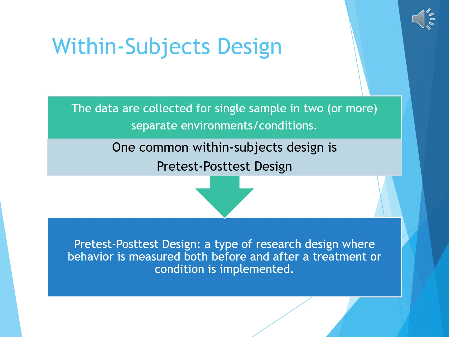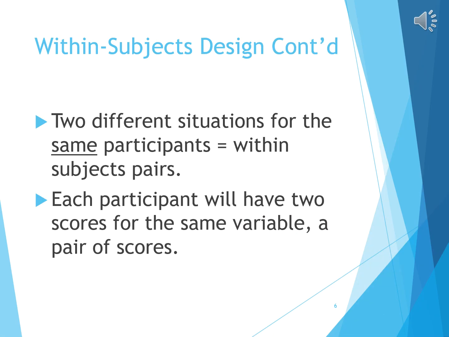And then after you put them in that condition, you measure that same variable on the same people afterwards. And so then you can compare the same variable from before to after whatever the treatment was.